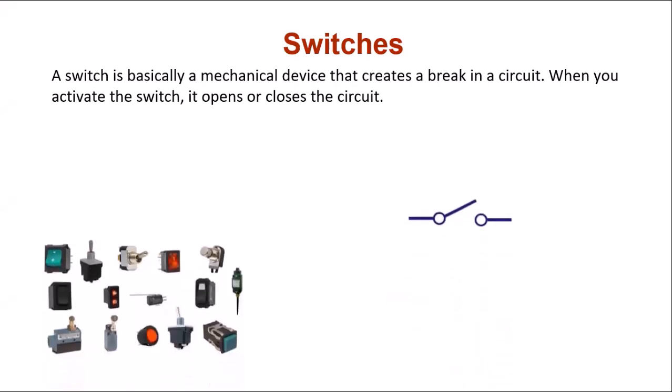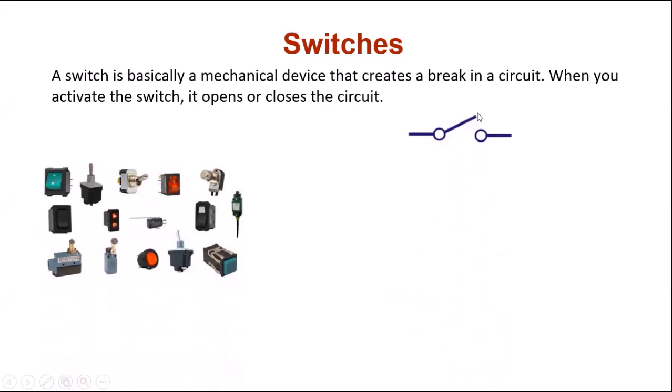Always remember, this is the electronic symbol of a switch, and different types of switches are available in the market. Now when the switch is like this, it is not connected, so the switch is called an open switch.